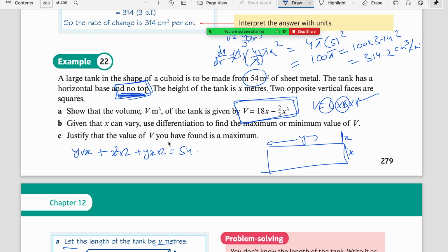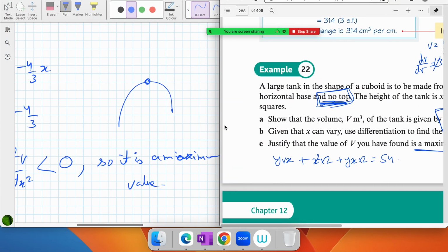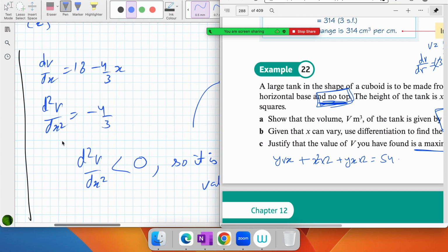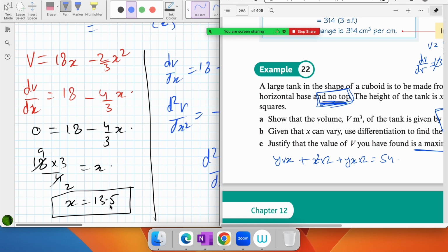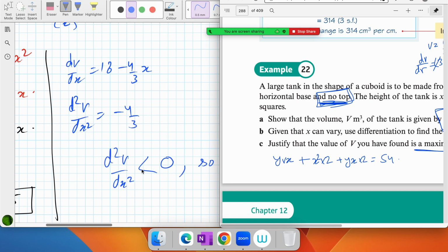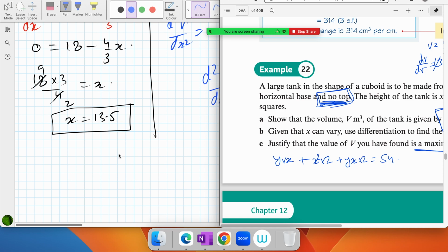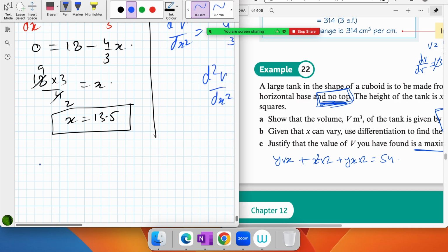Justify that the value of V you have found is maximum. Okay, this value right here, 13.5. We've checked that it gives a maximum value. And let us justify: volume is equal to 18x minus 2 by 3 x square.